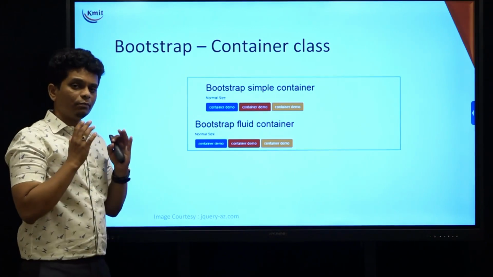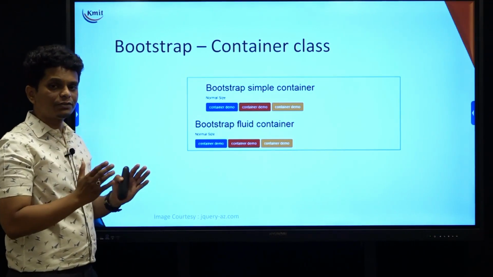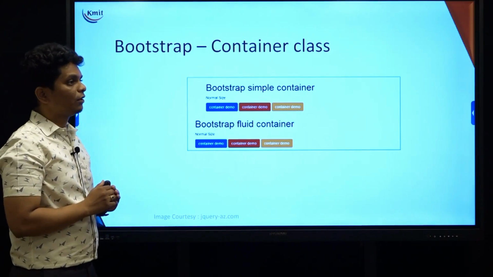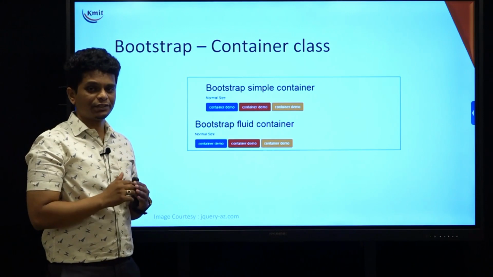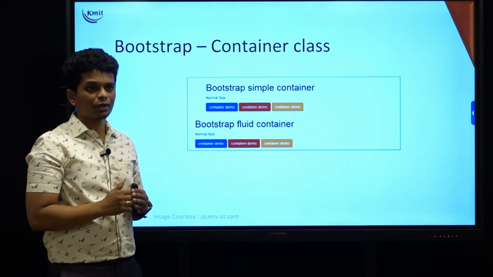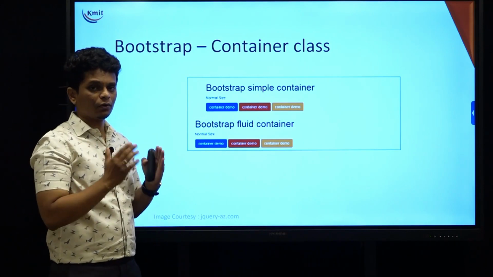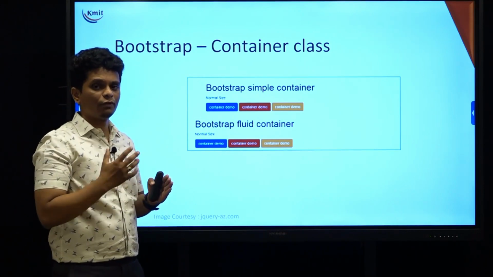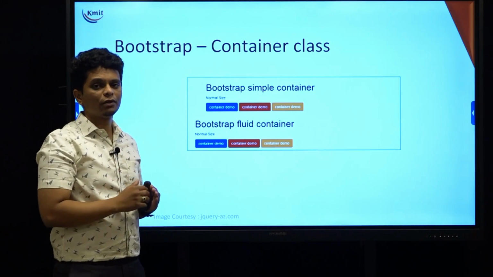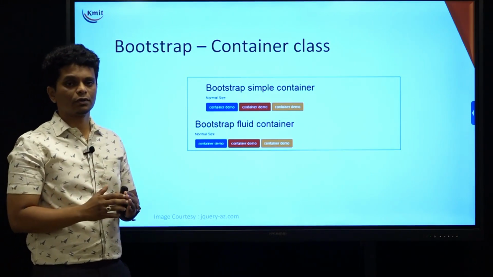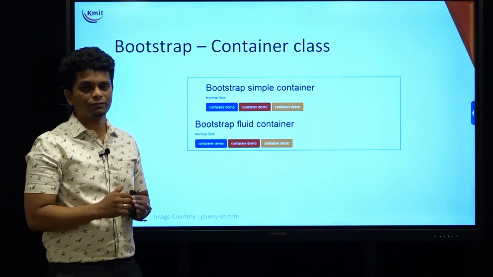Now, the main component of a grid system is the container class. Let us get back to the previous example of a wall. Imagine a wall. On this wall, we are about to place a few artifacts like a photo frame, a wall clock, a painting, a bookshelf.